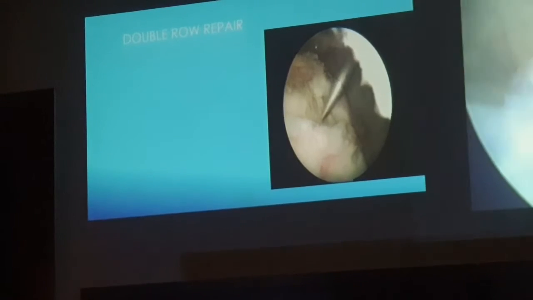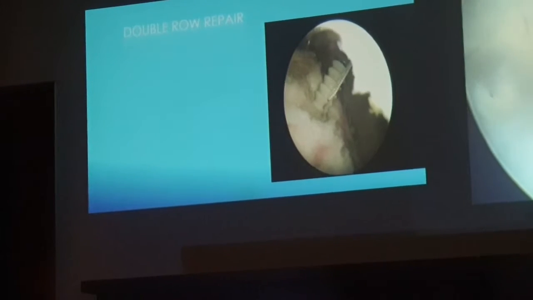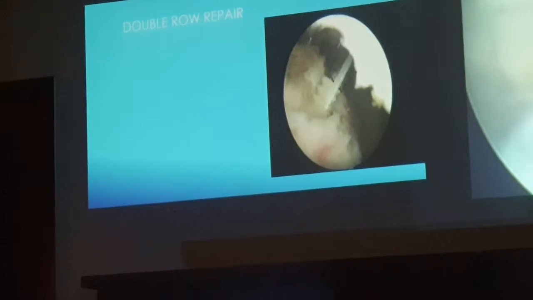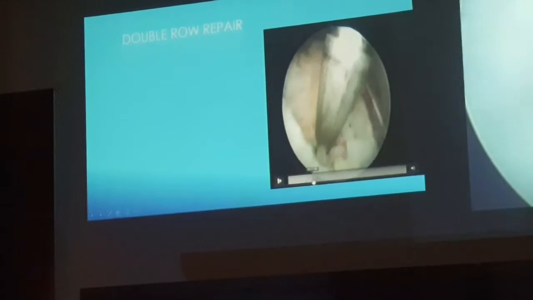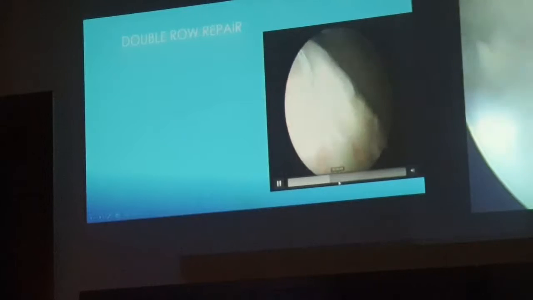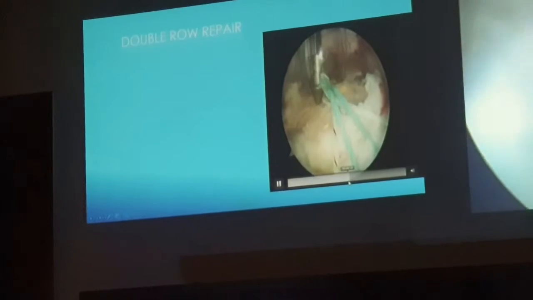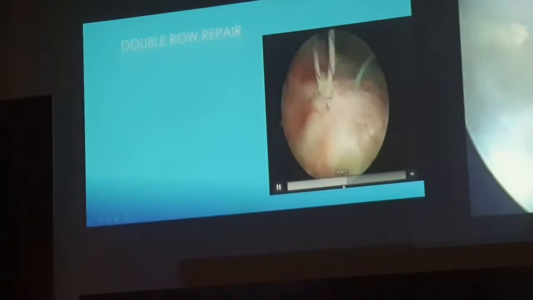A double row cuff repair starts with your cuff evaluation, mobilization, and then you put one or two anchors medially. When you put two anchors medially, you start taking multiple bites in the cuff in a retrograde fashion, and then you complete your knots medially to have your medial anchor.